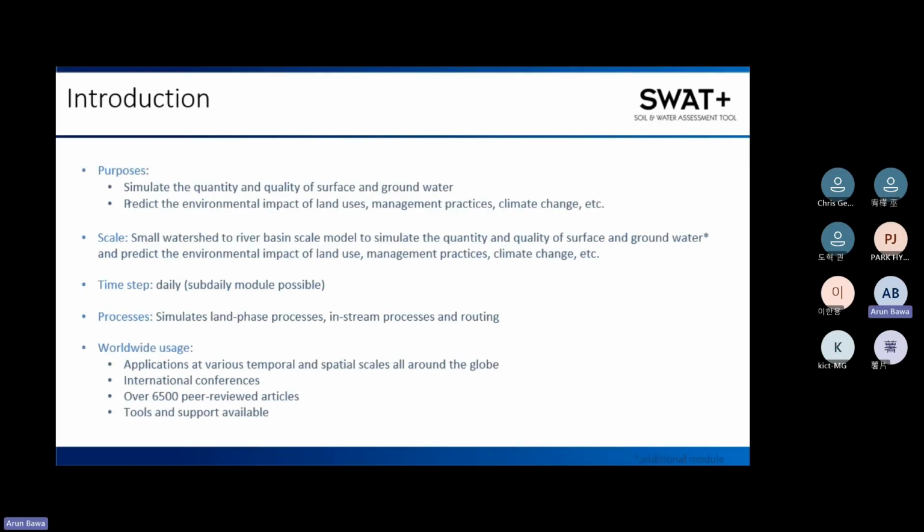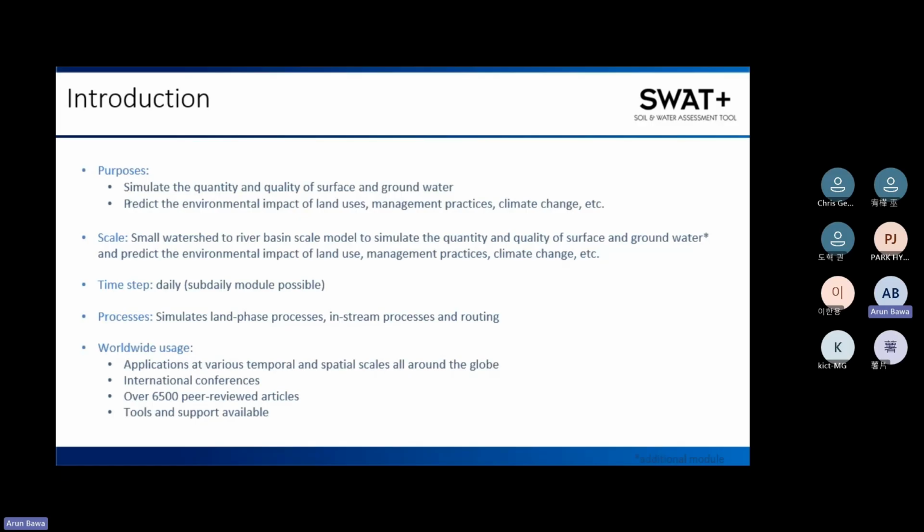I will start with this story. SWAT stands for Soil and Water Assessment Tool. When I started using the SWAT tool during my PhD, I was introduced to it as a hydrological model. You can do water cycle simulations, and you can also do water quality simulations.